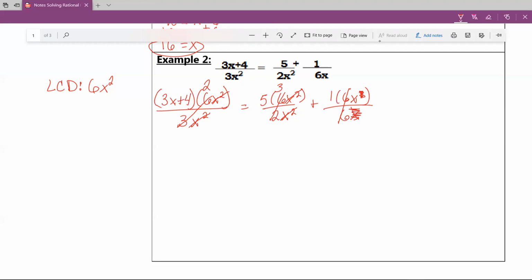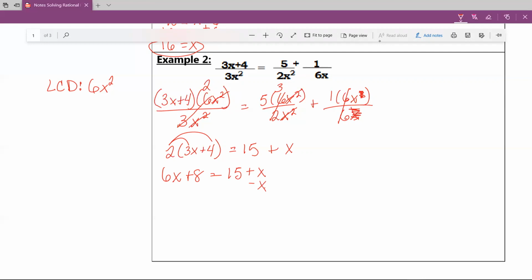And I rewrite. So I have 2 times 3x plus 4 is equal to 5 times 3 is 15 plus, over here I have an x left. And then I can solve my equation. Distribute. So 6x plus 8 is equal to 15 plus x.